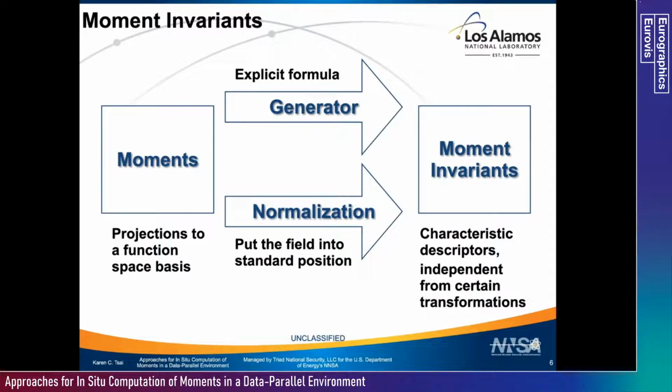Moments are projections of a function onto a space basis, and moment invariants are moments transformed in such a way that all instances of the function that only differ by rotation are projected onto the same point, making them rotation invariant. Similarity is then computed from, and corresponds to, a Euclidean distance between the template and the dataset moments. For more details, please refer to the paper.